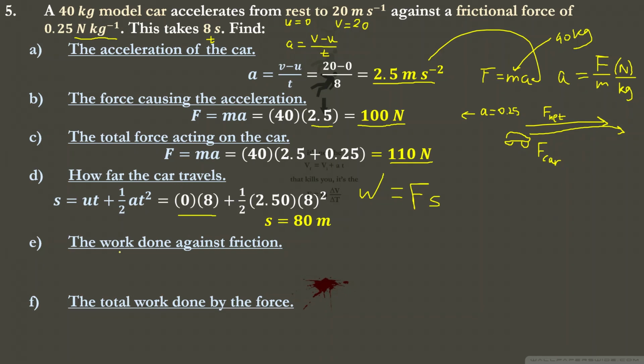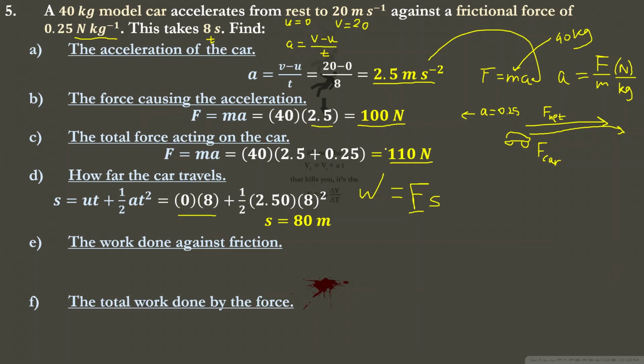And then E, what's the work done against friction? So we're trying to work out the amount of work done to overcome friction. And we know that the difference in frictional force, if we look at the two values here, is 10 newtons. The overall force we experience on the car is 100.